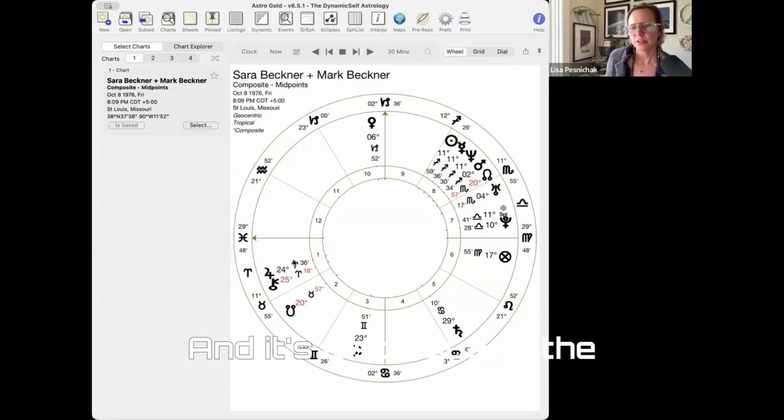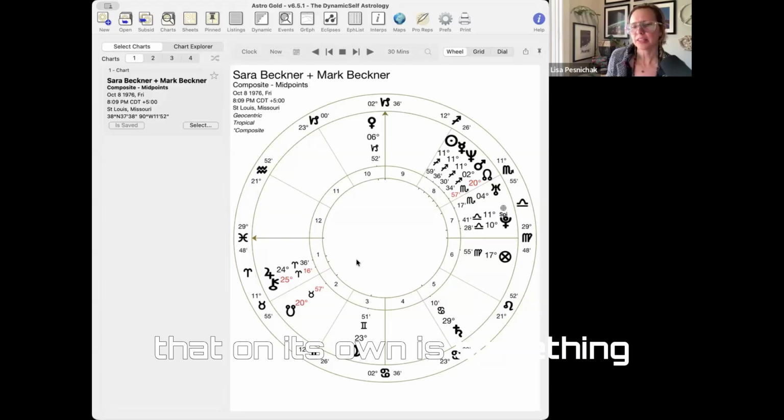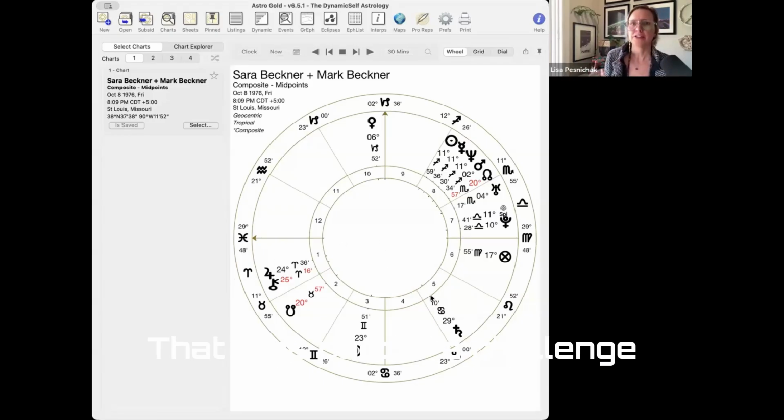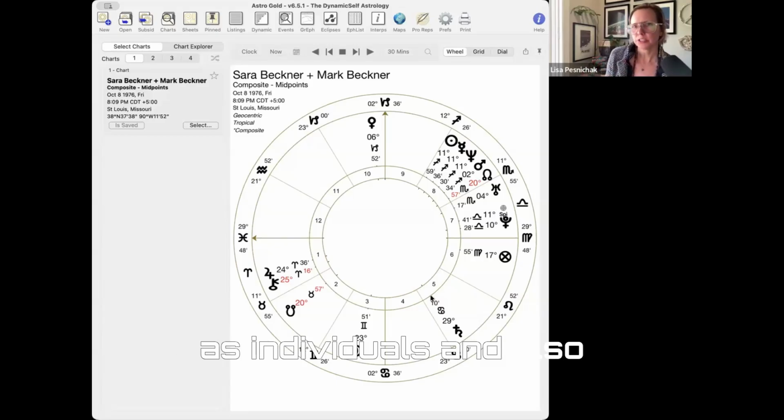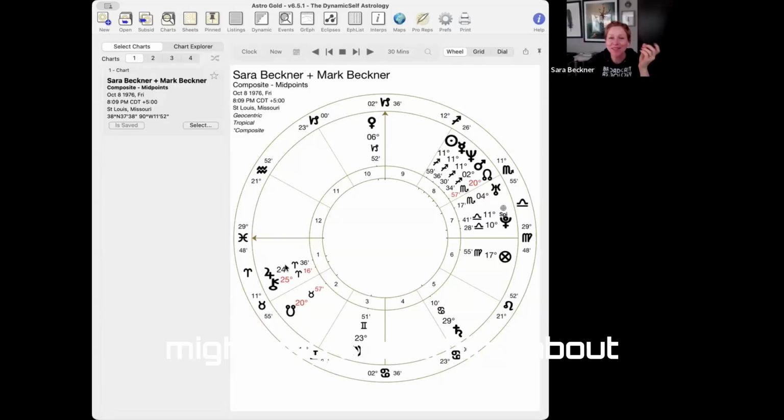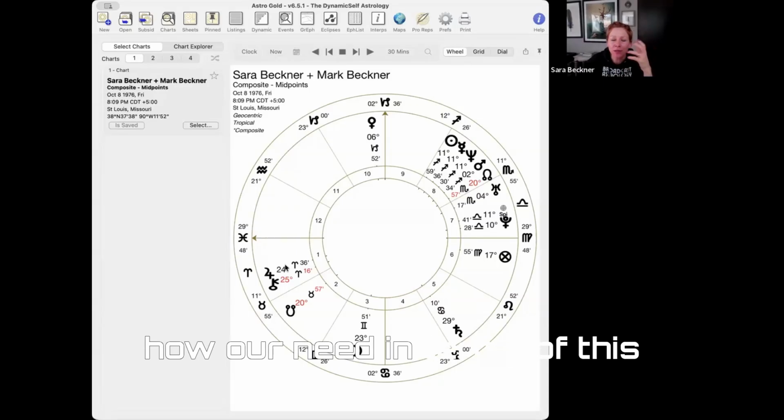And it's also square the ruler of your relationship. Like that on its own is something that this relationship was set up to work through. That was part of a challenge that creates obstacles, but also makes you stronger as individuals and also within your relationship.